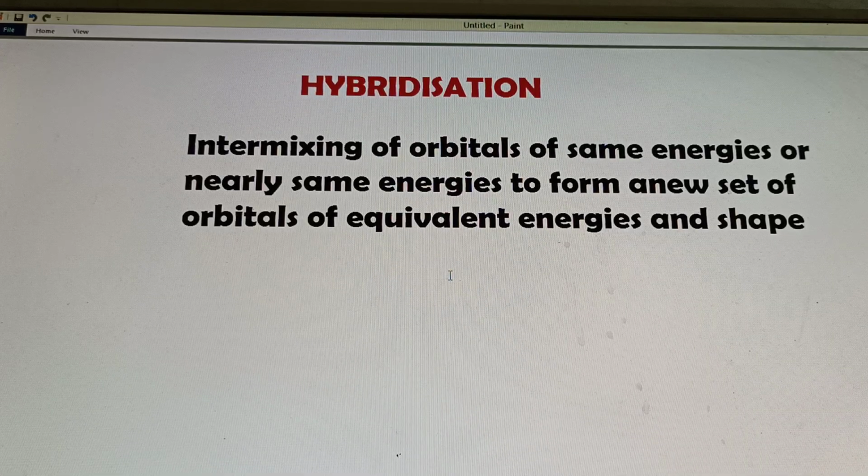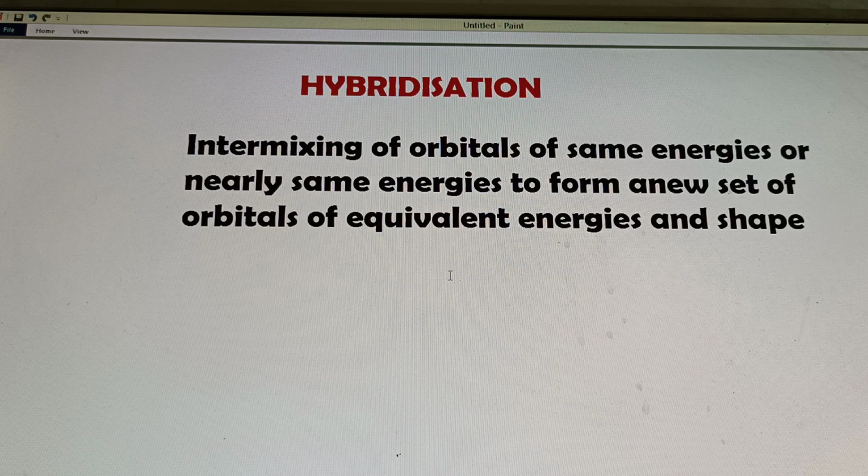Now this is totally a theoretical concept. Hybridization, you can see the name of the topic, comes from hybrid. Hybrid means that it is not pure.